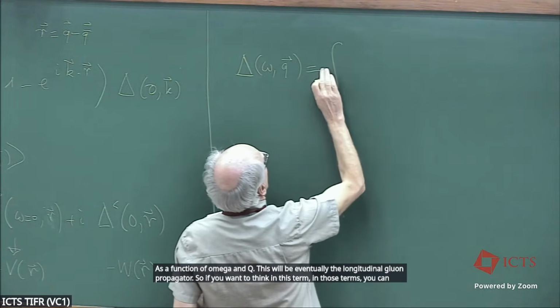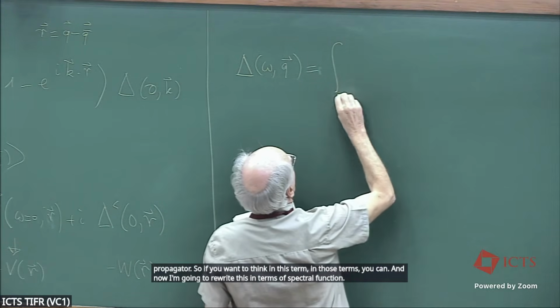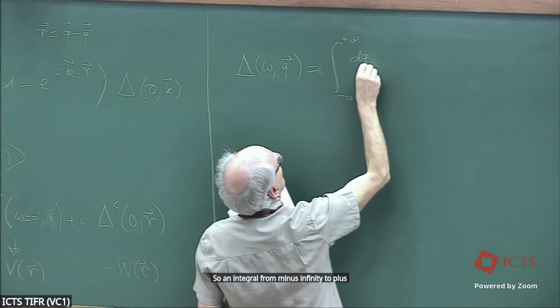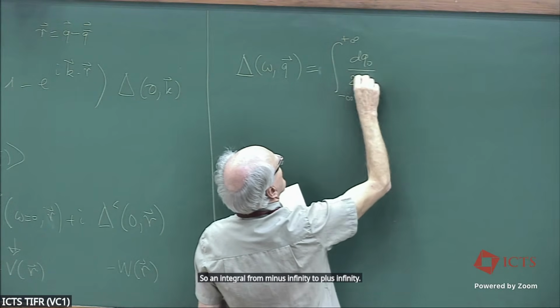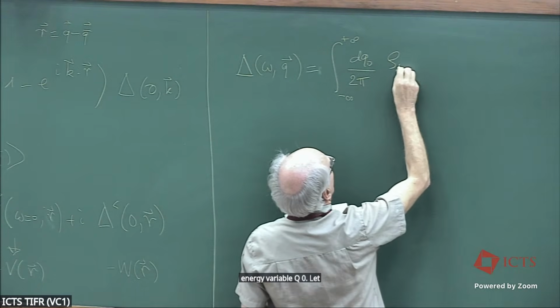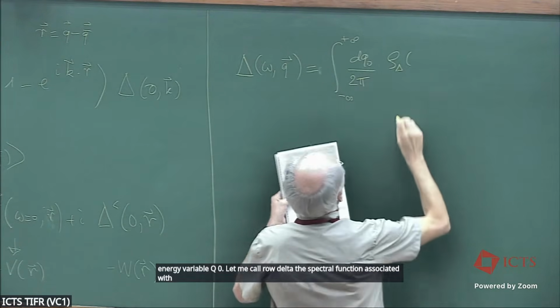And now I'm going to rewrite this in terms of the spectral function. So an integral from minus infinity to plus infinity, energy variable Q0, let me call rho delta the spectral function associated with this propagator.